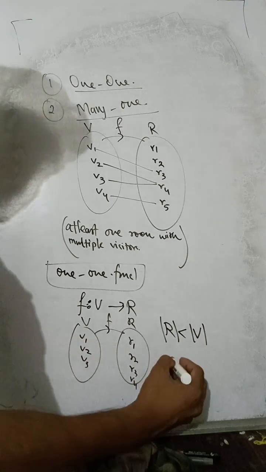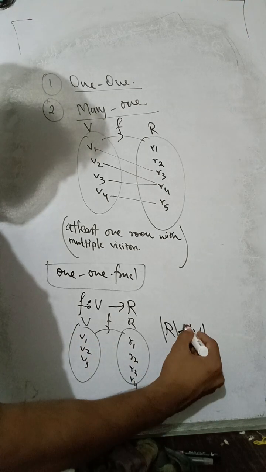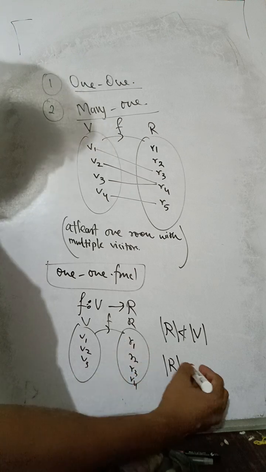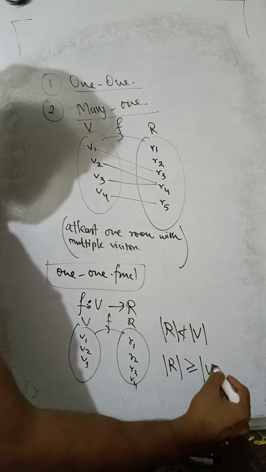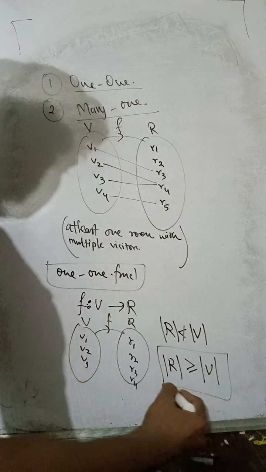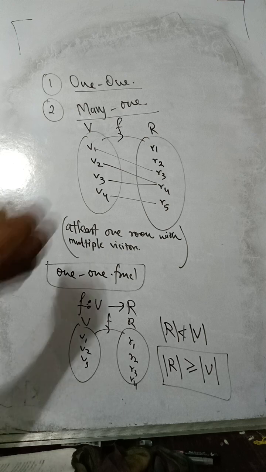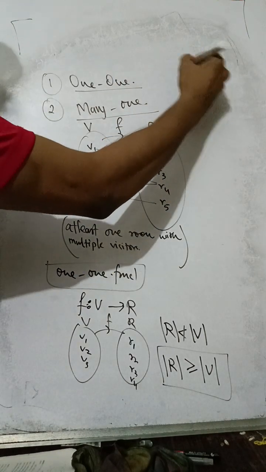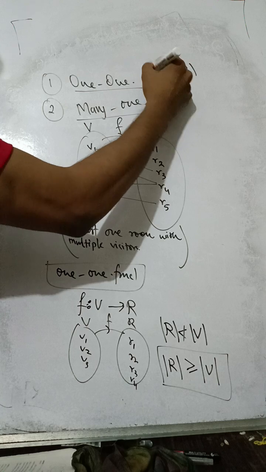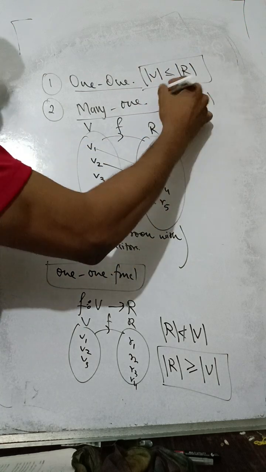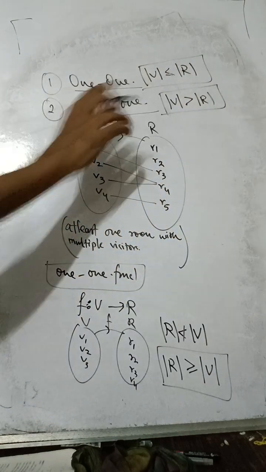So for a one-one function, the codomain's cardinality must be at least the cardinality of the domain. That's very important. These two are very important parts.